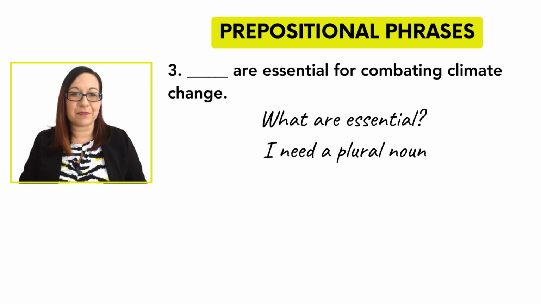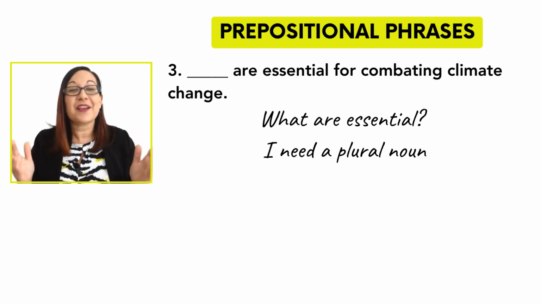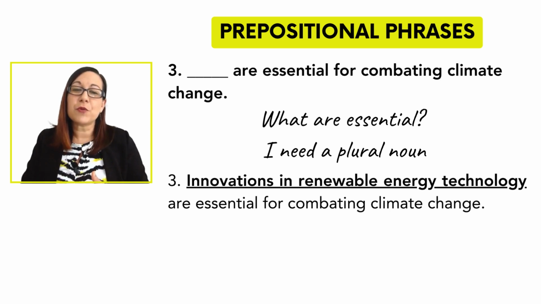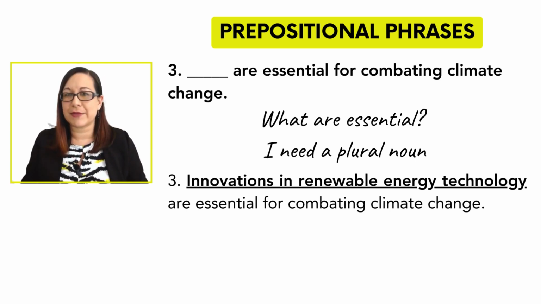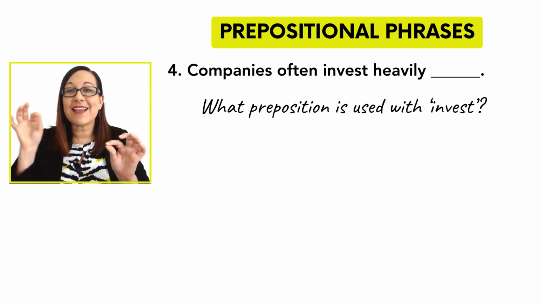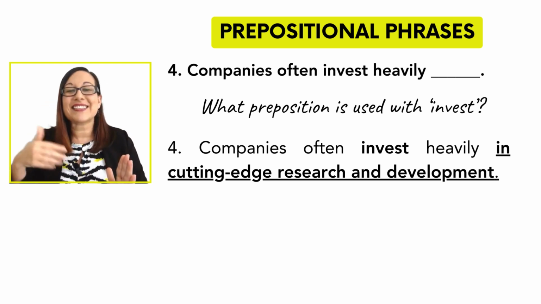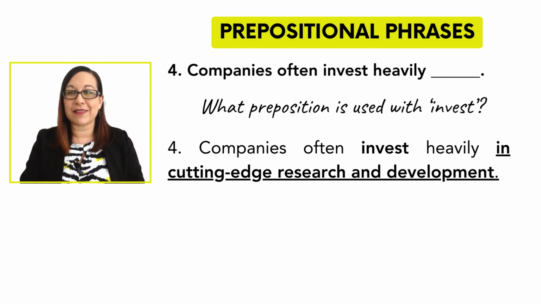Number 3, I'm missing a subject at the start of this sentence, so it has to be a noun. Innovations in renewable energy technology are essential for combating climate change. In the next one, companies often invest. Aha! Now we always invest in something, so they invest heavily in cutting edge research and development.